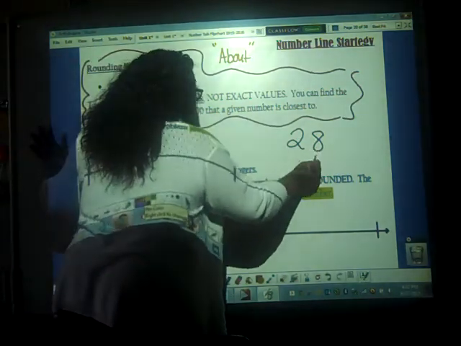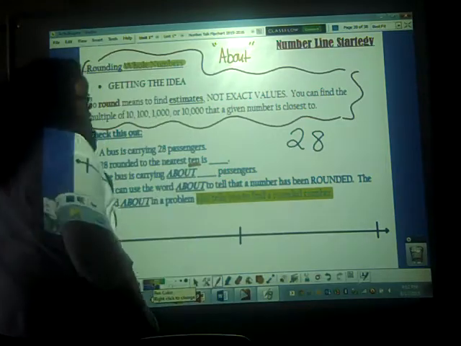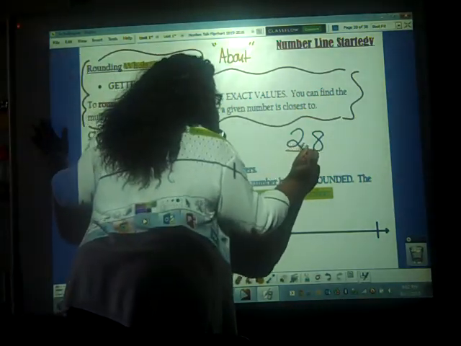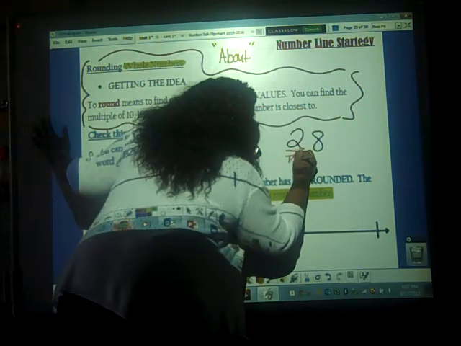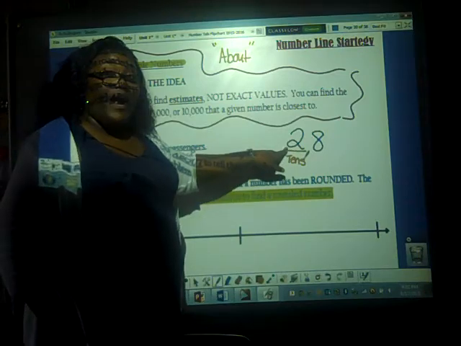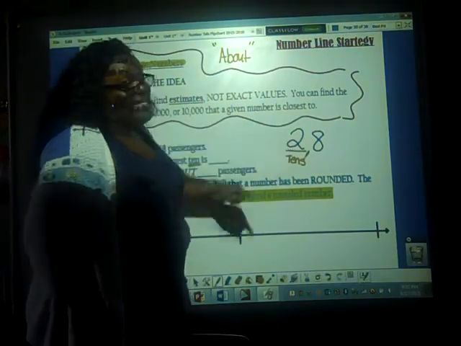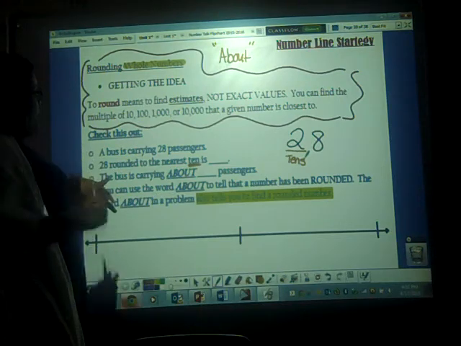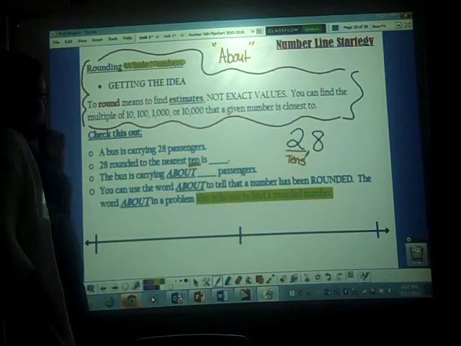So that's the ones place. The value of this 8 is 8. And then the value of this 2 is 20 because it's in the tens place. That's the place value they want us to round 28 to, the nearest tens. So, 28. The bus is carrying about how many passengers? That's what we want to know.